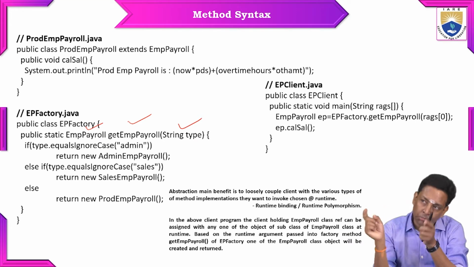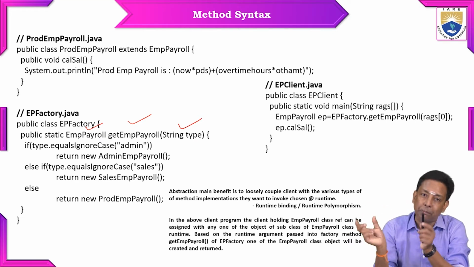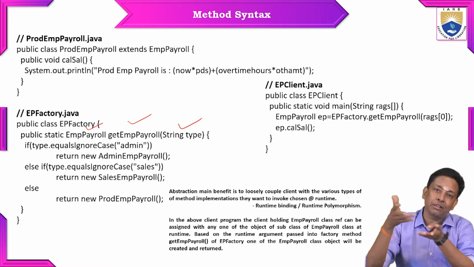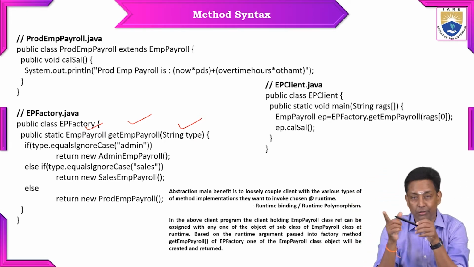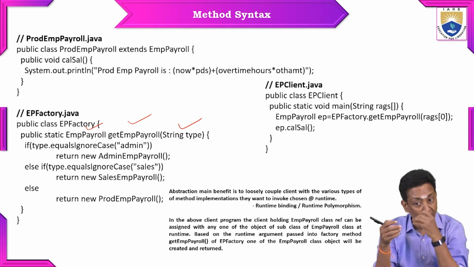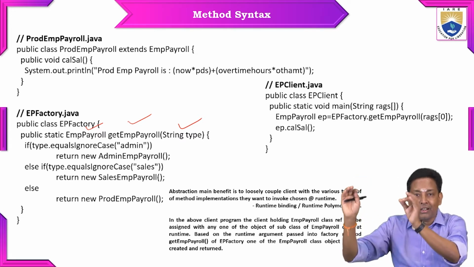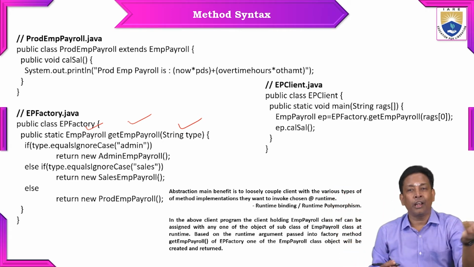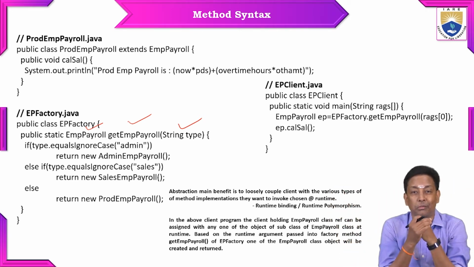So one method with an abstract superclass as a parameter can accept objects of any number of subclasses of that abstract superclass. That is one main advantage. Instead of writing one method for each subclass as a parameter, if you write the method with the parent class as a parameter, any one of its subclass objects can be passed as an argument. So the number of method implementations reduces.